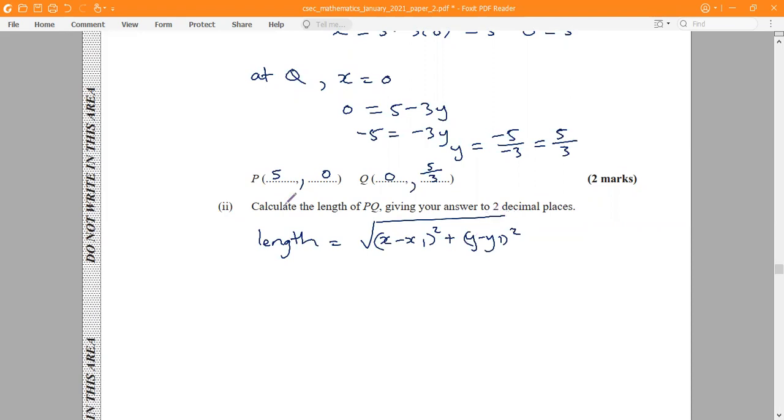Let us call the coordinates of P 5, 0, that is x and y. And let us call the coordinates of Q 0 and 5 over 3, that is x1 and y1.